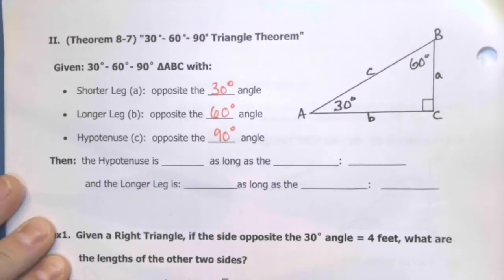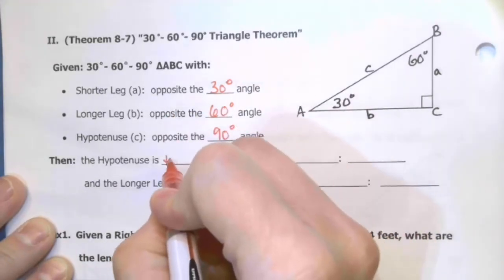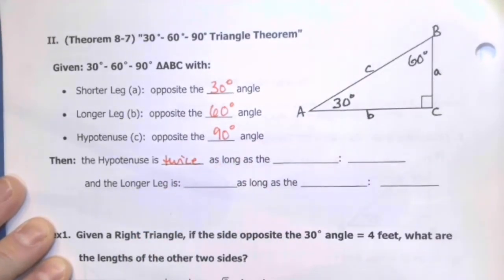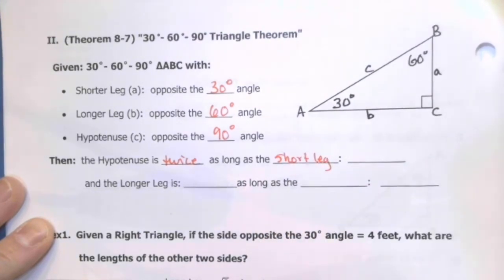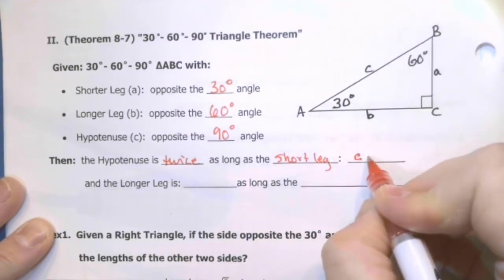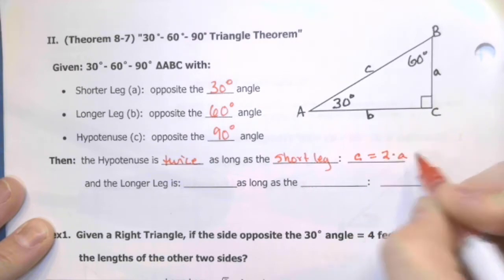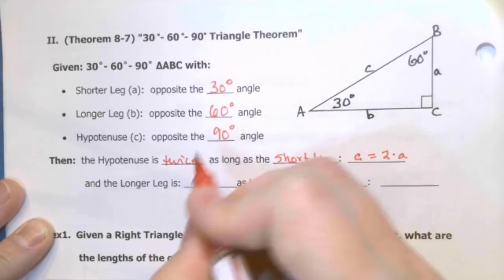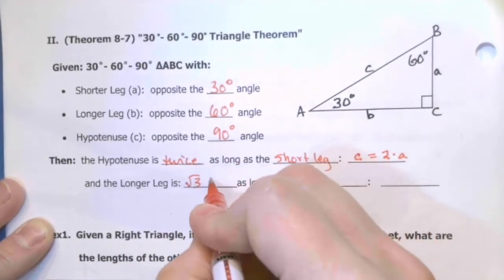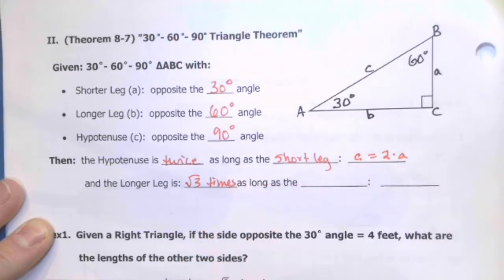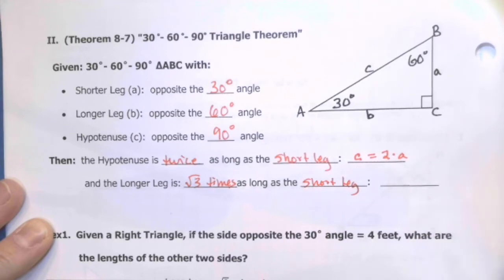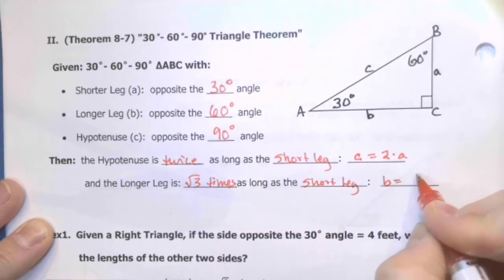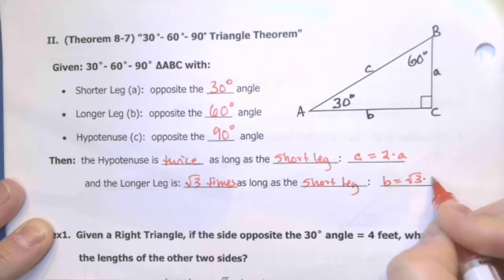The actual theorem says the hypotenuse is twice as long as the short leg. So c, which is the hypotenuse, equals 2 times leg a. And the longer leg is radical 3 times as long as the short leg. So b equals radical 3 times a.